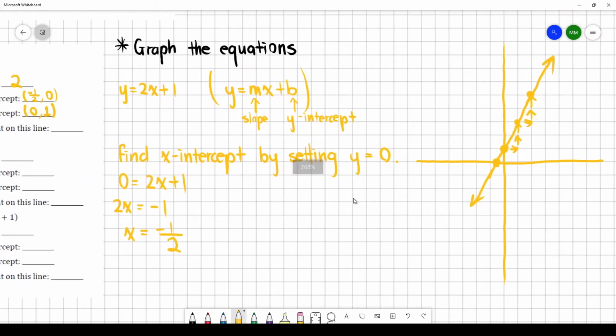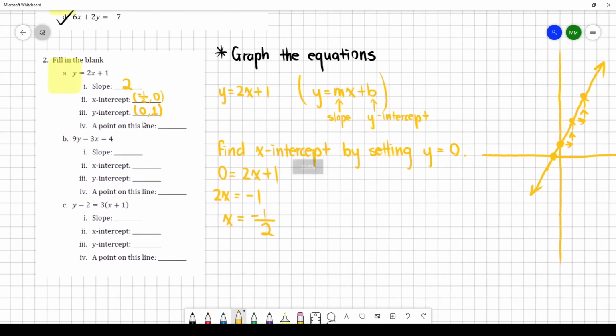So always remember, the y-intercept is on this straight vertical line. So you have a y value, but the x value will be 0. And the x-intercept is on the horizontal line, so it will have an x value, but a y value of 0. As seen here, x-intercept, no y value.